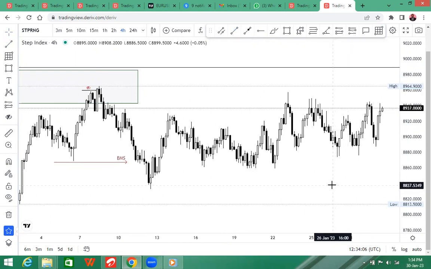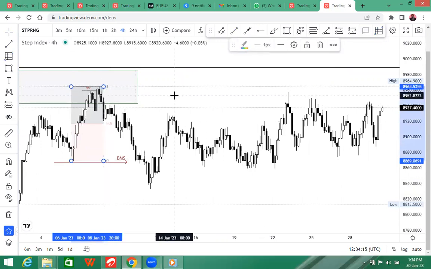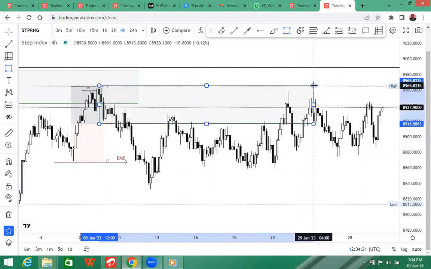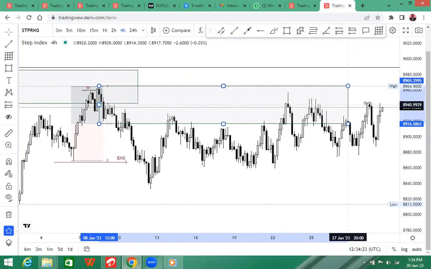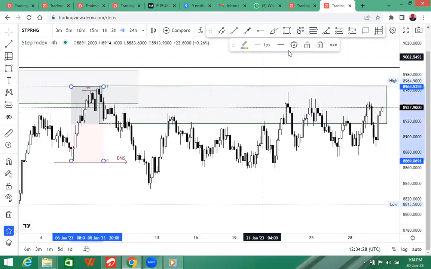I want price to redistribute, so I'll go to 1 hour. But if I go to 1 hour, where am I waiting for price? All of this move. I'll wait for price at the 50% of all of this move. So I can remove this now.